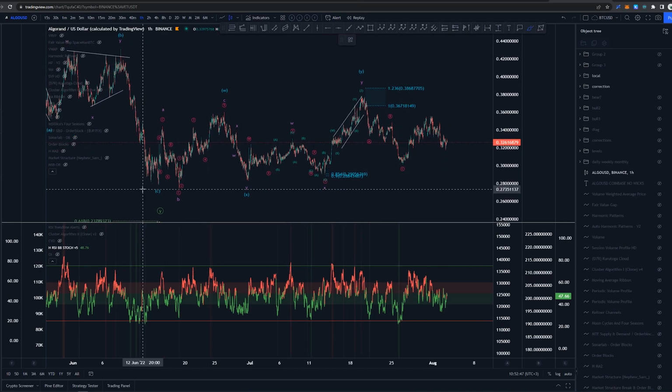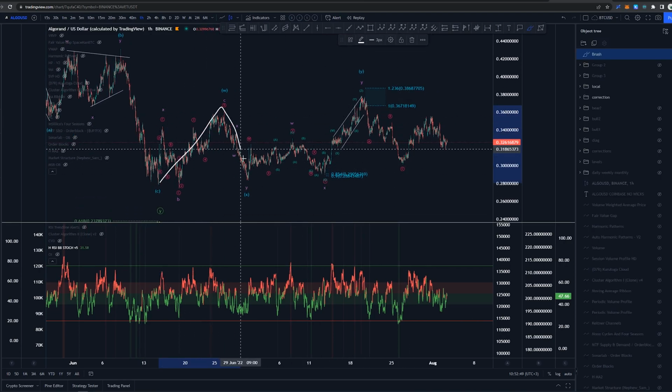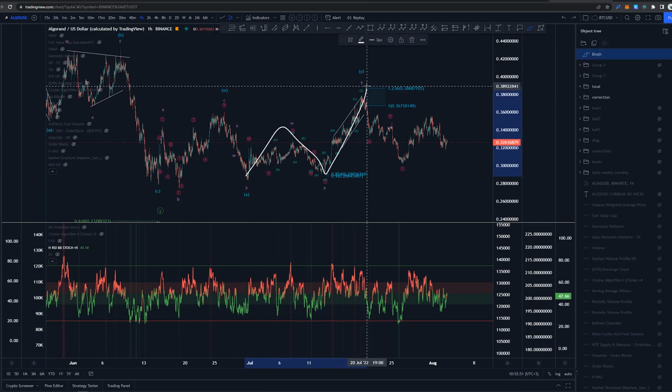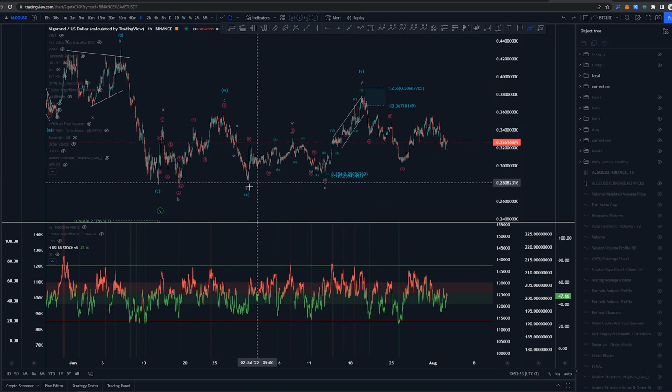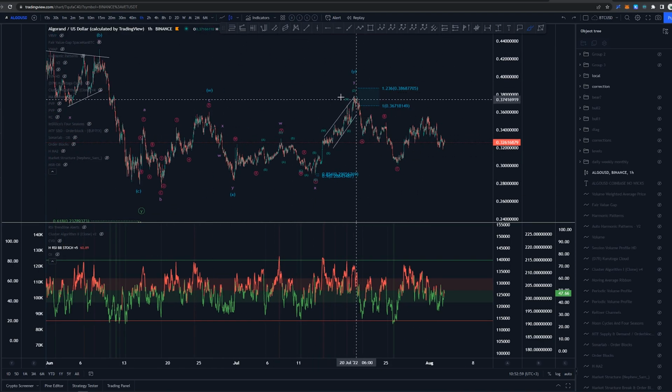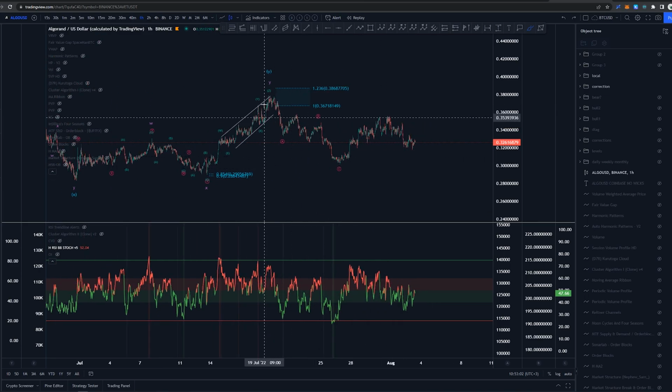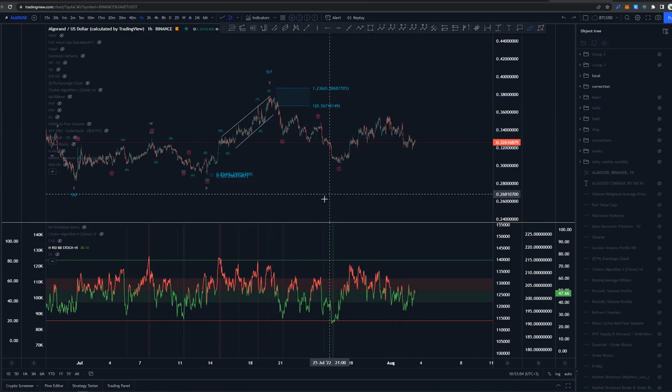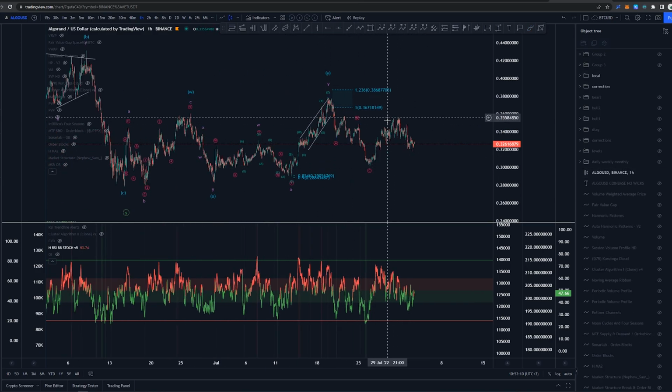On higher time frame, do we have any issues? No, not really. W, X and Y, this would be a three-wave structure, whether it's a WXY or an ABC, regardless. So yeah, just smaller time frame issues I have here. Then again, A, B and C looks pretty good, a zigzag with a running flat inside for the wave B, and then we would be having something else here.